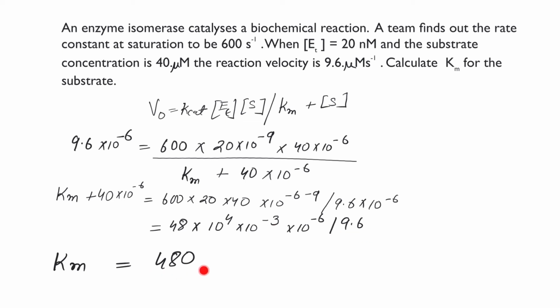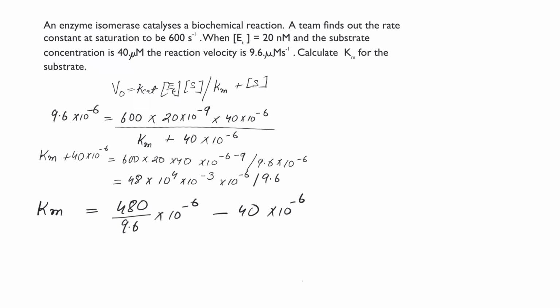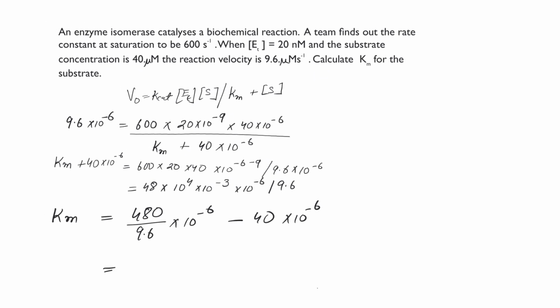Divided by 9.6, so let me just write that: 9.6 times 10 to the power minus 6 minus 40 times 10 to the power minus 6. You just have to play a little bit smart with the maths here. It's very important. So let's take 10 to the power minus 6 out. That comes 50 minus 40 equals 10 micromolar.